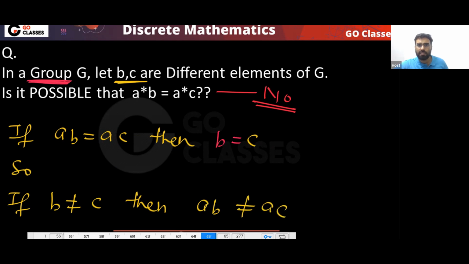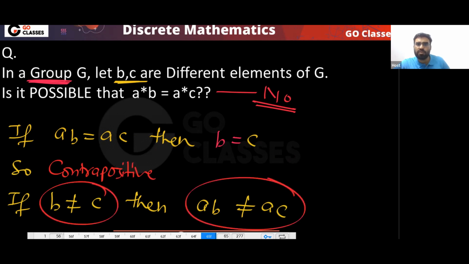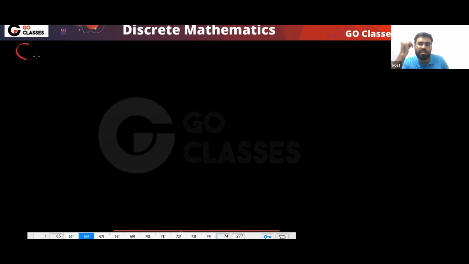Agree? Very simple. Remember, from this you can notice that if B comma C are different, then AB can never be same as AC. Now this is the consequence.